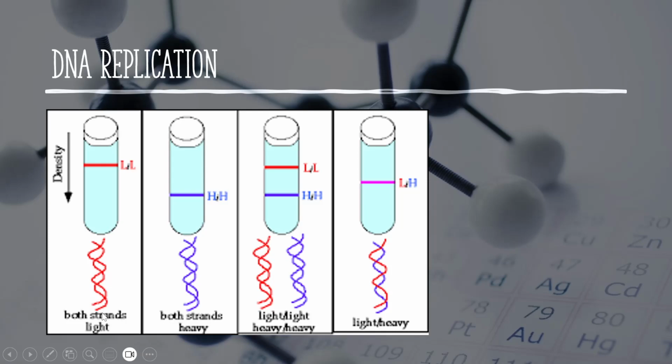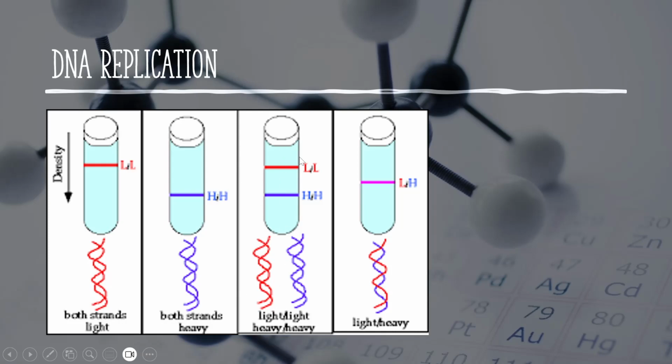N14 isotopes. So both strands are light, so it doesn't sink as much. And then both strands are heavy, so this is the N15 nitrogen isotopes. I've been saying carbon, sorry. This is the result they observed after 2 generations of DNA replication.